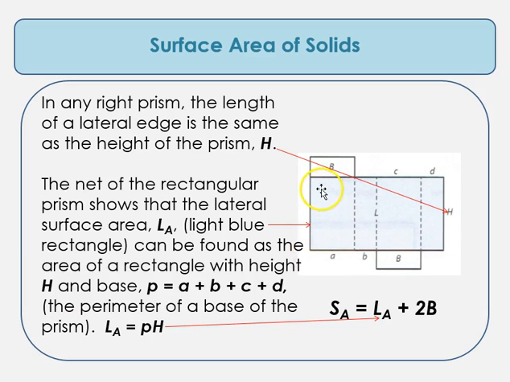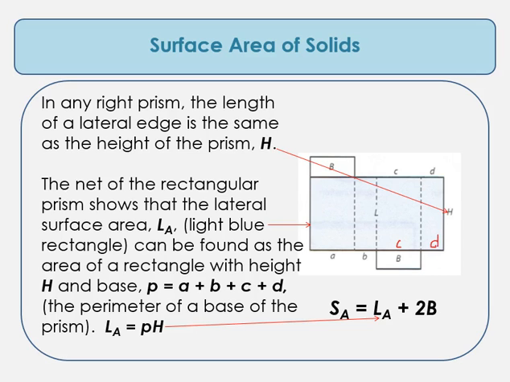And so the perimeter actually equals the length A plus B plus C plus D. Now, let me remind you that these are rectangles and opposite sides of rectangles are equal. So that means, and let me get my pen out, that this length is C and this length is D.